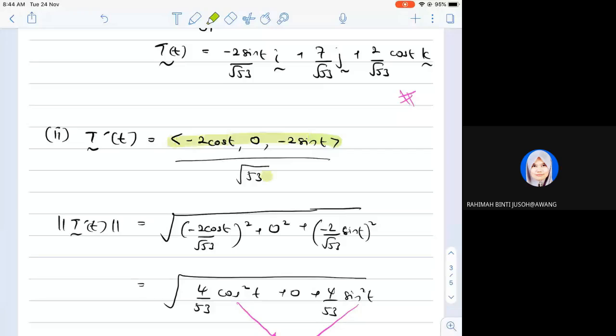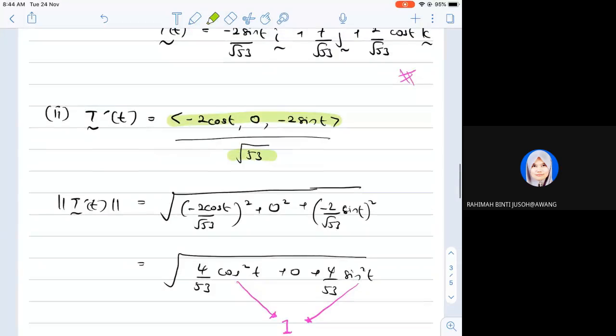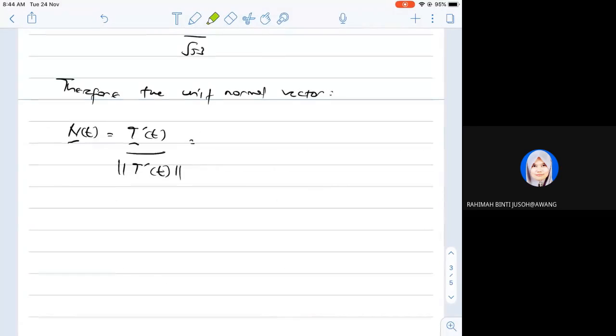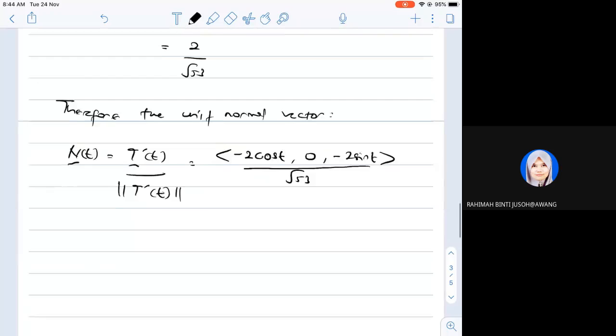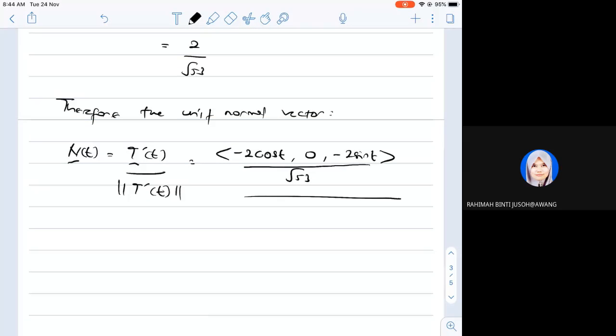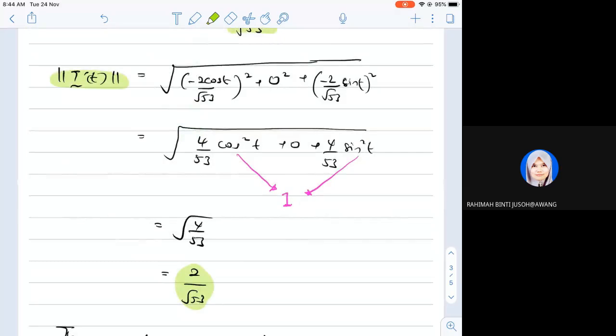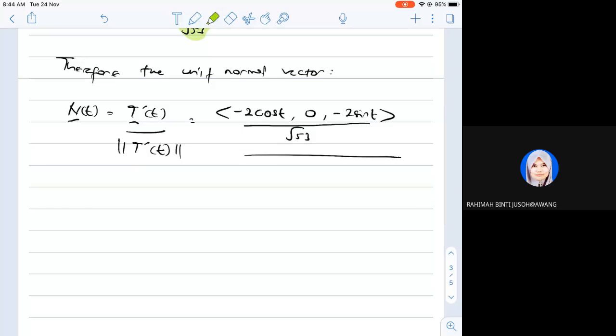Take this again: negative 2 cos t, 0, negative 2 sine t over square root of 53, divided by the magnitude. This is the magnitude of T prime t. So divided by 2 over square root of 53.